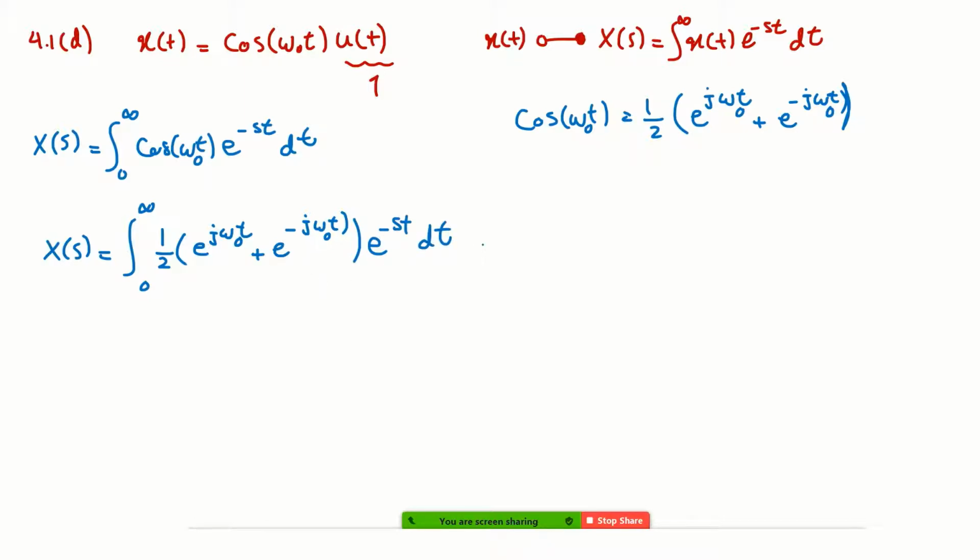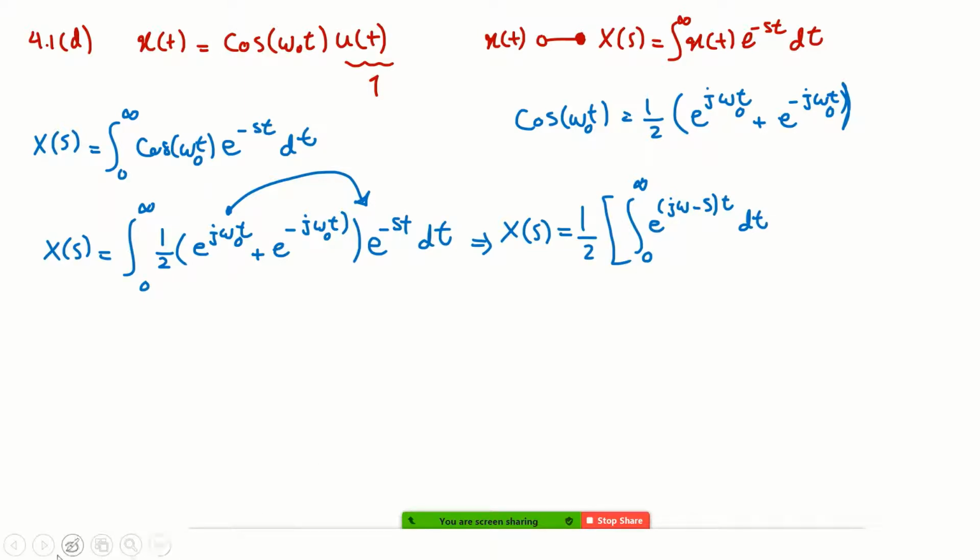If I further expand this, then I would have X(s) equals 1 over 2 times the integral from 0 to infinity of e to the power of j omega minus s times t dt.